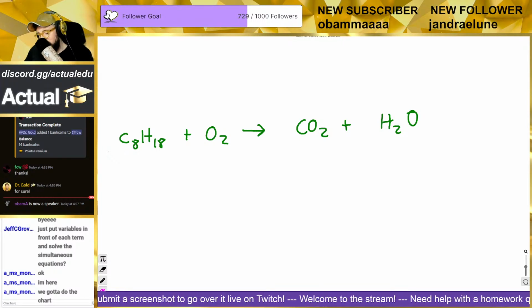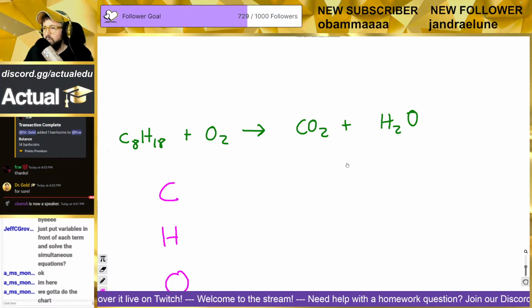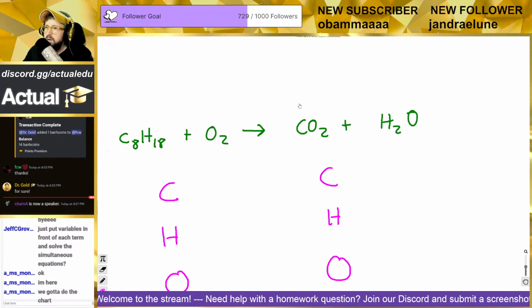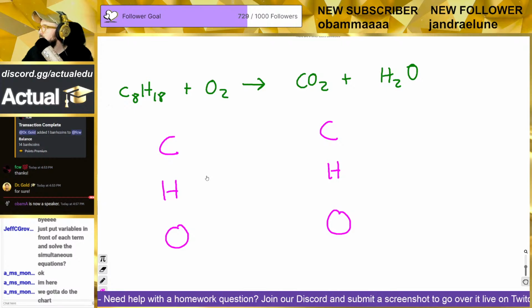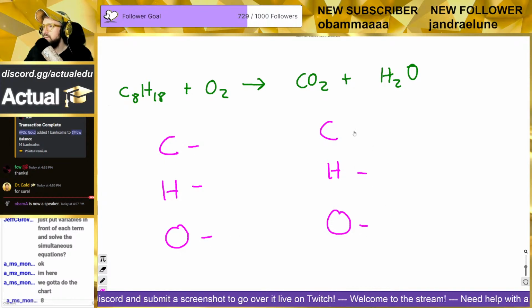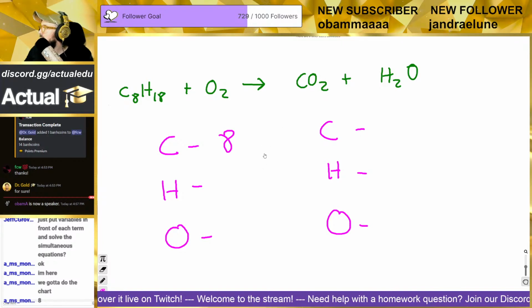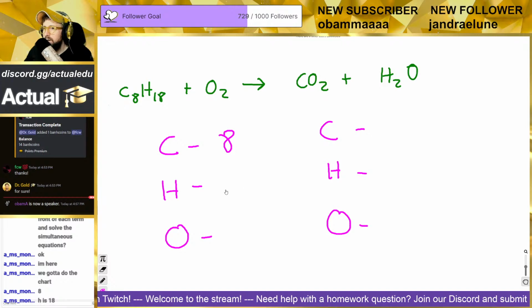We got to do the chart. Yes, we do got to do the chart. All right, let's do C, H, O. How many carbons do I have right now on this side? Eight. Yes. How many hydrogens? 18.